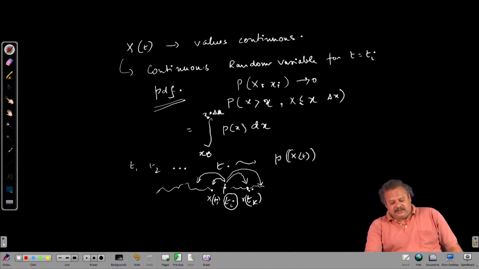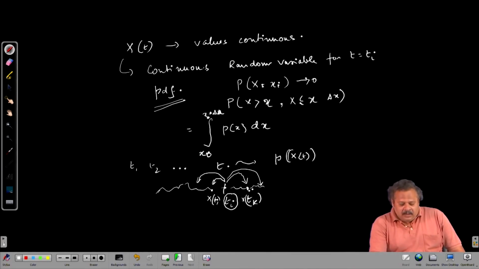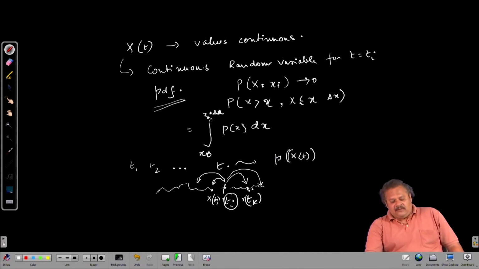So, this brings us the idea of the dependence of the distribution or the probability density function of xt, and it depends on the multiple values taken by the random variable or the random process at the different time points in that realization. So, in essence, we require a joint distribution of xt over all the time instances together.